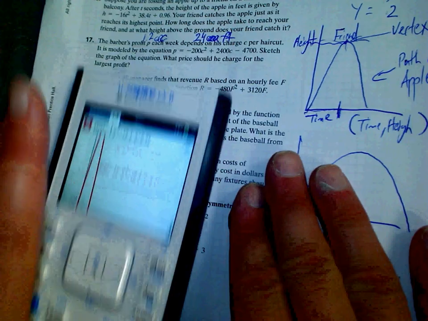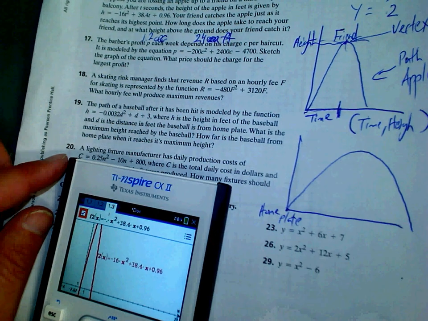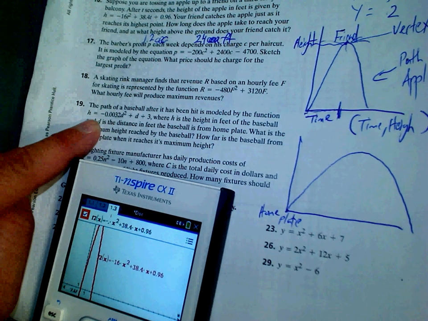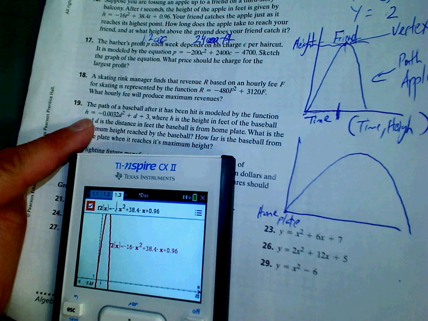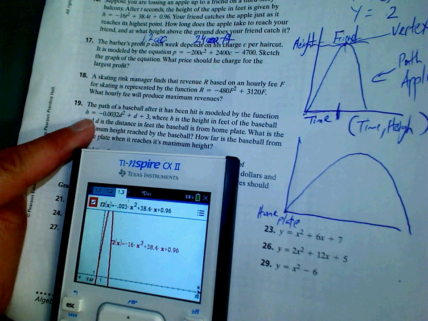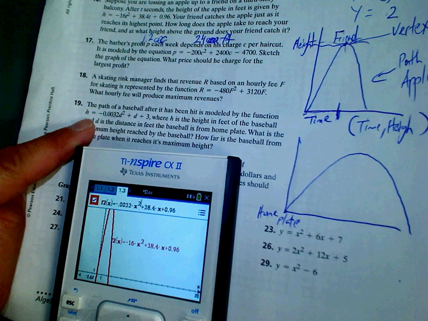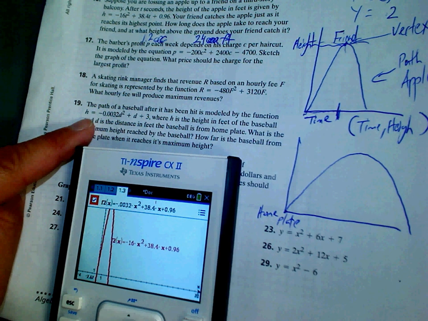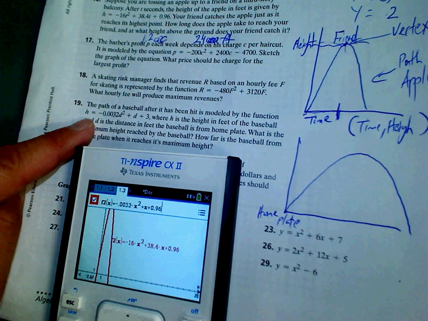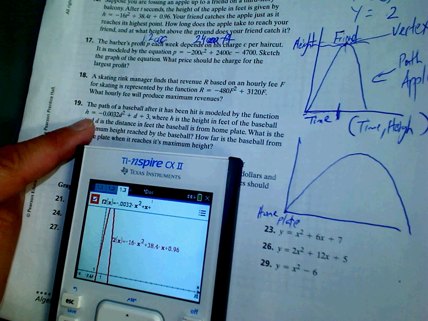All right, here we go. 0.0032. Just one right here, isn't it? Just 1x. And then a 3. All right, I can't wait to see the path. Here's the path. Whoa.